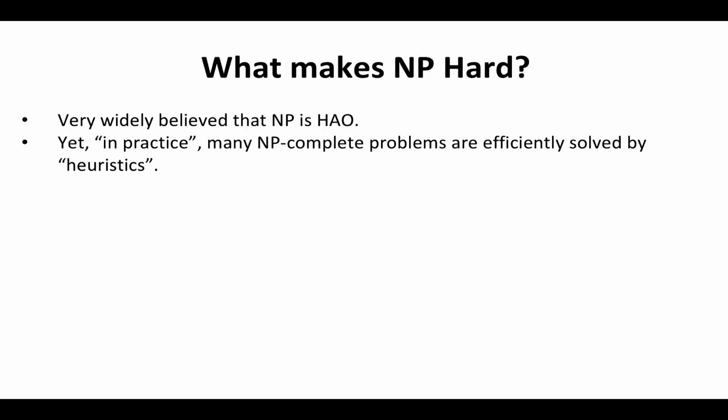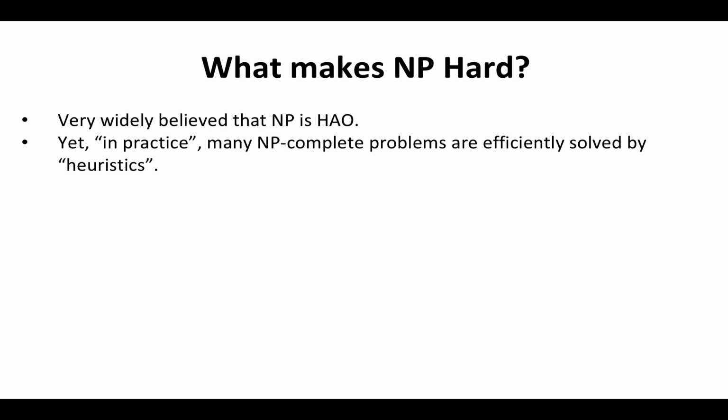Now, it's very widely believed that NP is hard on average. It's a very minimal assumption that we make in complexity theory. Yet, somewhat surprisingly, even when we have NP-complete problems, it turns out that many of them can actually be efficiently solved on many distributions of interest.